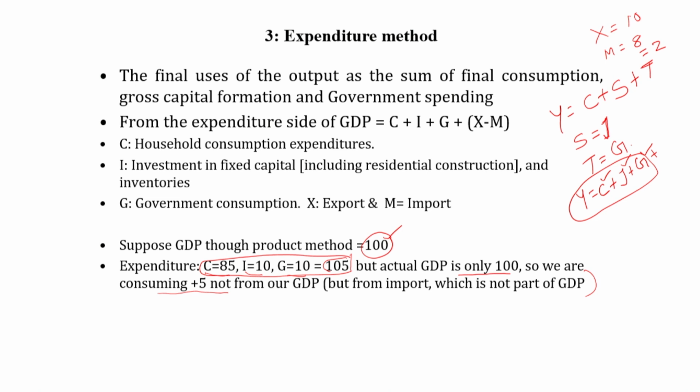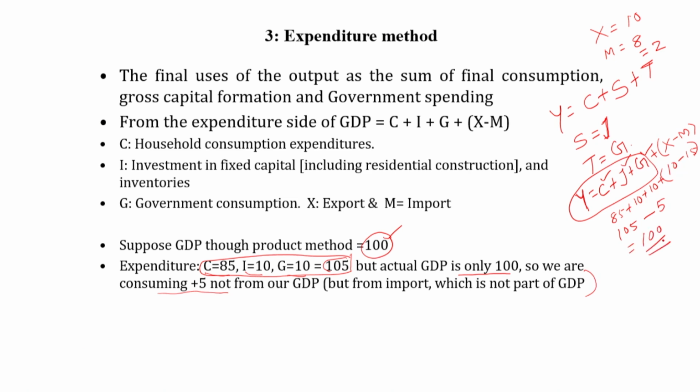So if we want to calculate the expenditure side of the GDP, we need to subtract X minus M. Here export is 10 and import is 15, so we need to subtract 5. Plugging in all these values, 85 plus 10 plus government expenditure 10, you get 105 minus 5. Right, so then you will get 100 as the GDP.